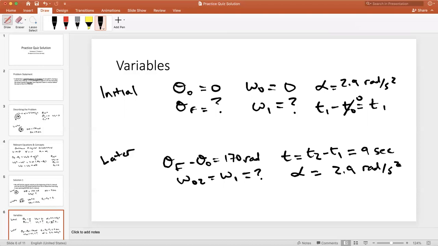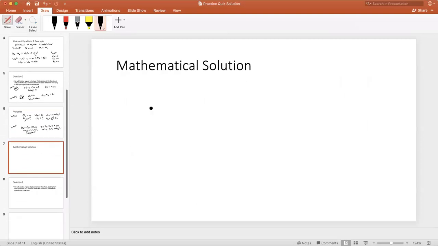From these variables, I also don't know what omega final 2 was, but I don't need it. I'm not going to need these either. Okay. Sorry, I am going to need that. All right, so let's go through our solution.